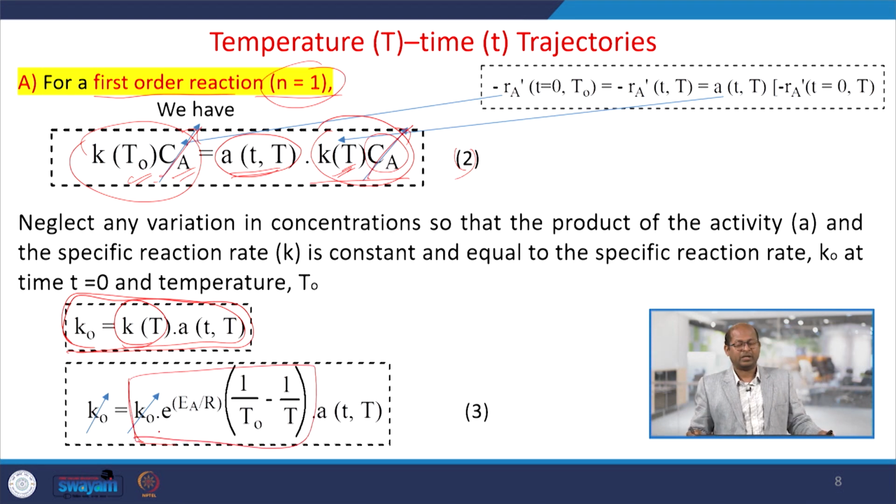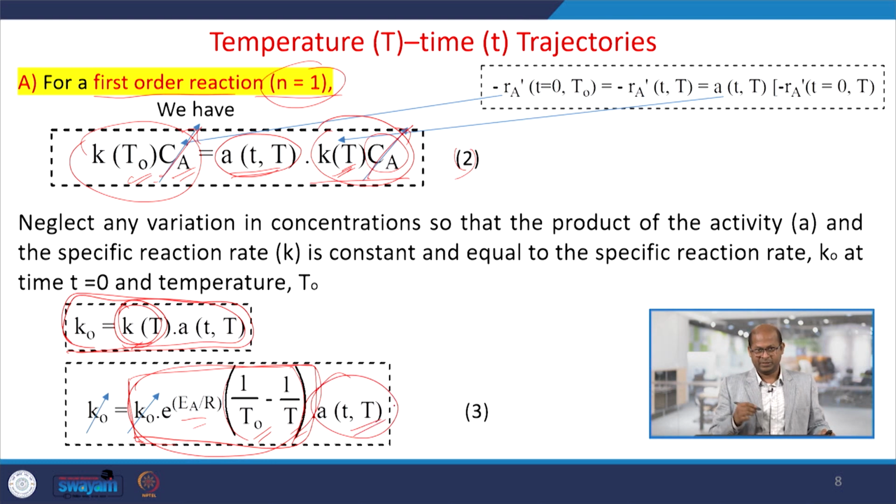So, k at T we can write k0 e to the power Ea by R into 1 by T0 minus 1 by T. So, T0 is the initial temperature and T is the temperature at which we are conducting the reactions. At that particular temperature we know the reaction rate constant or specific reaction rate using this, and that activity term is also there at that particular temperature and time.